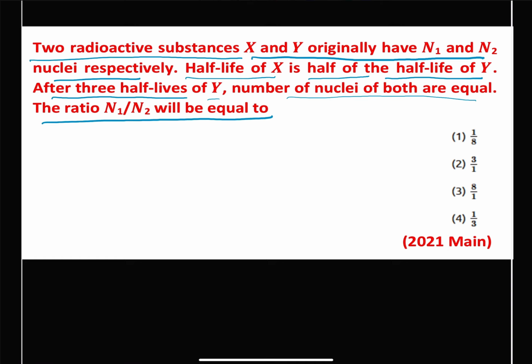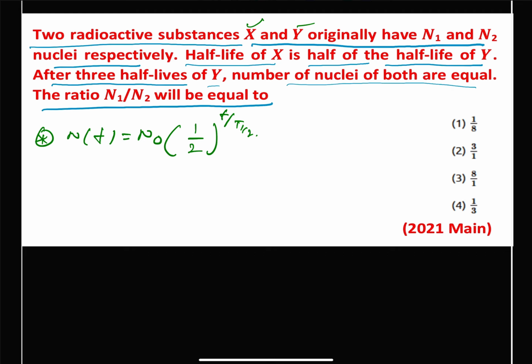So this is directly based on our decay law, and we can write that N of t is equal to N naught into 1 by 2 raised to power t upon t half. We have two substances X and Y, so let us assume that half-life of Y is Ty.